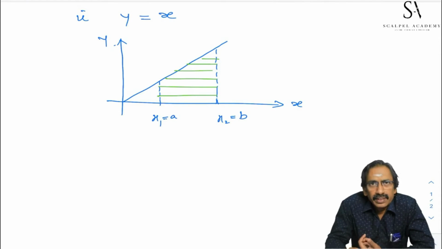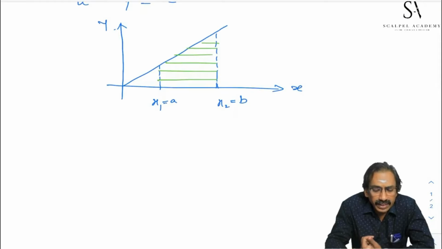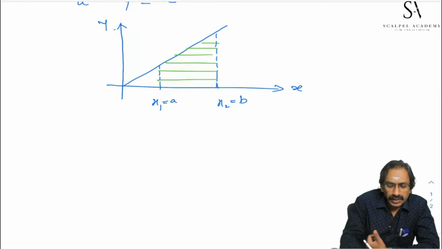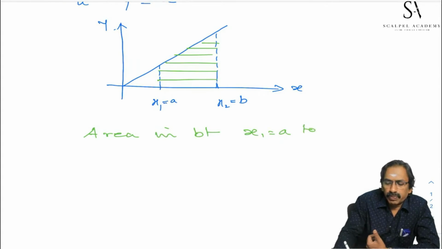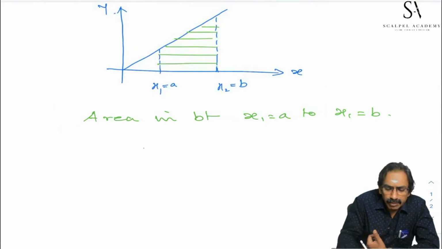As a usual method, we can calculate from the geometry. Look at this area enclosed by the graph. It looks like a trapezium. The area between x1 is equal to a and x2 is equal to b, let us calculate. It is nothing but the area of a trapezium.